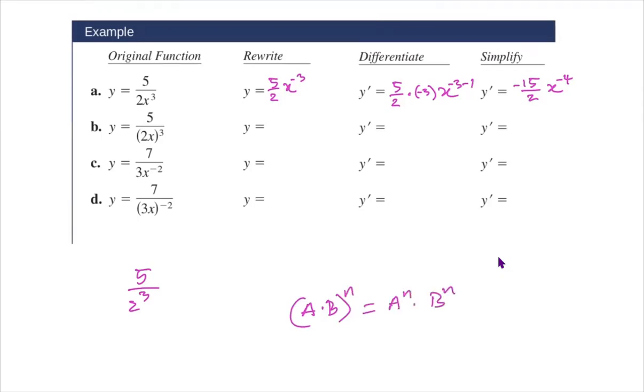That's why the 3 here is the power of 2 and also the power of x. So that's 5 over 2 to the power 3, not 5 to the power 8. But 2 to the power 3 is 8, so 5 over 8.